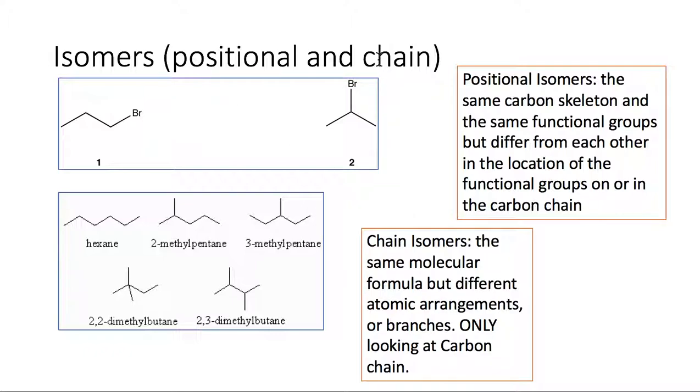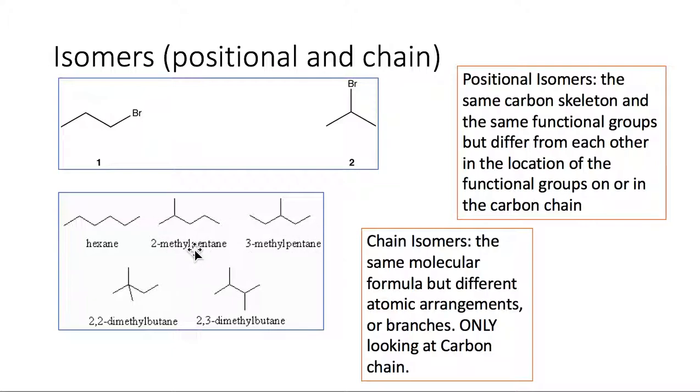Now, for a chain, this is the definition of a chain isomer. So you have the same molecular formula, but different atomic arrangements or branches. So you're only looking at the carbon chain, okay? Nothing else. If you look at this example right here, you have hexane, and then you have 2-methylpentane and 3-methylpentane.